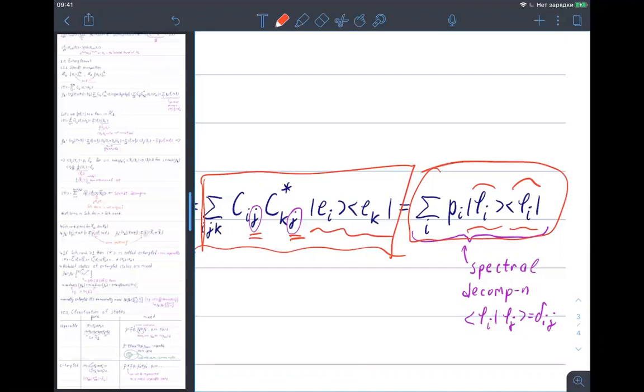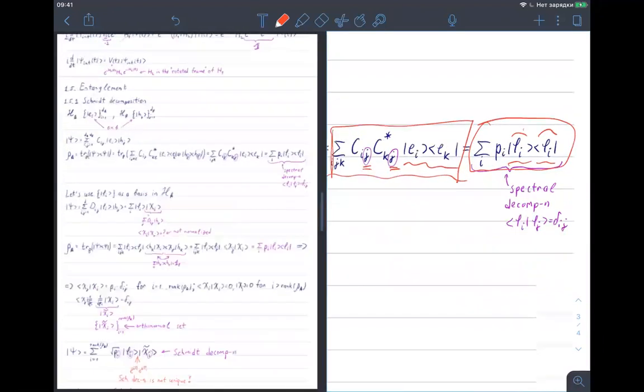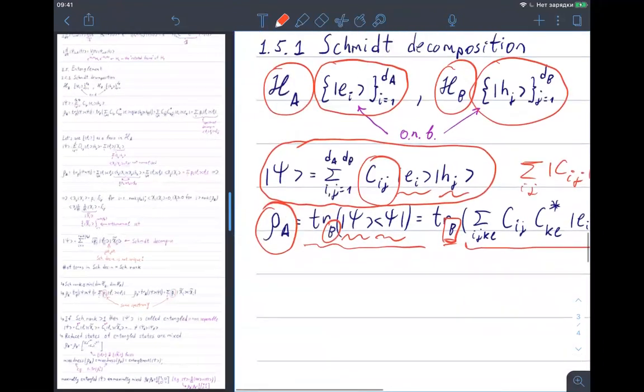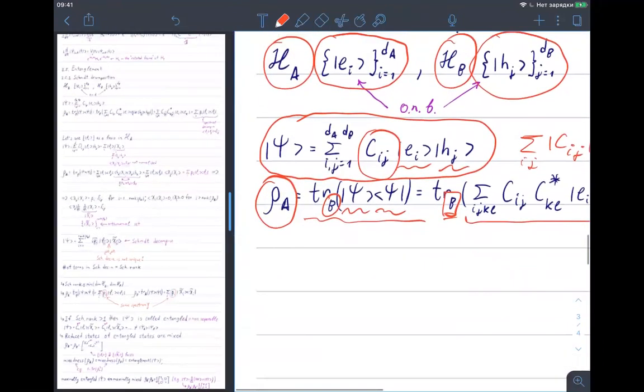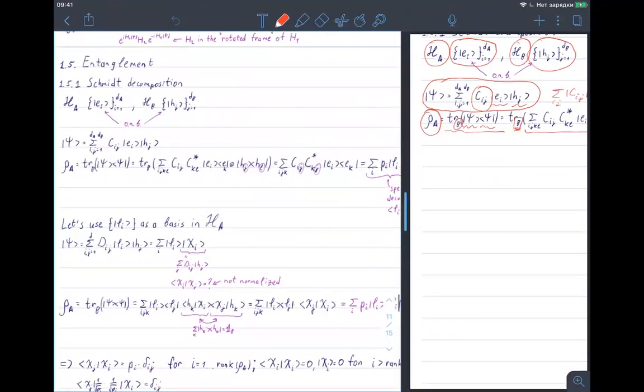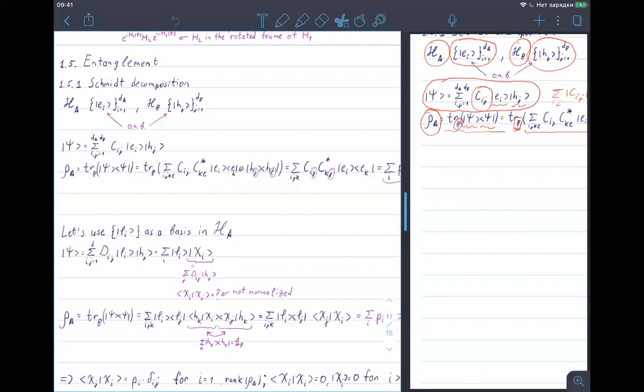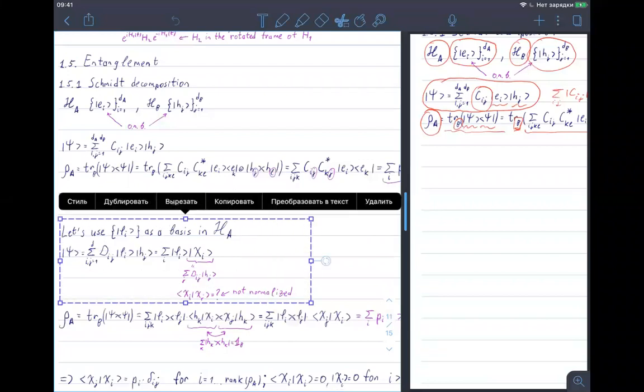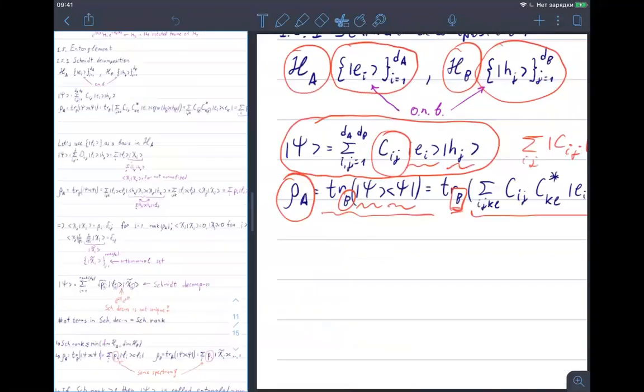Since rho A is a Hermitian operator, these phi_i correspond to some orthonormal basis. So I can use this orthonormal basis to describe my system in the A space.